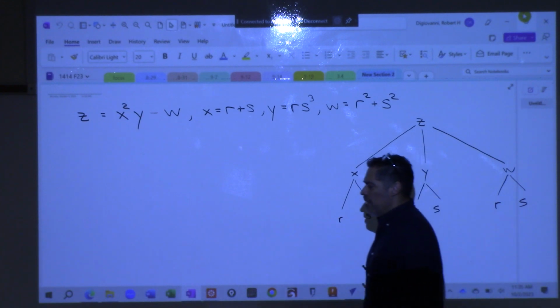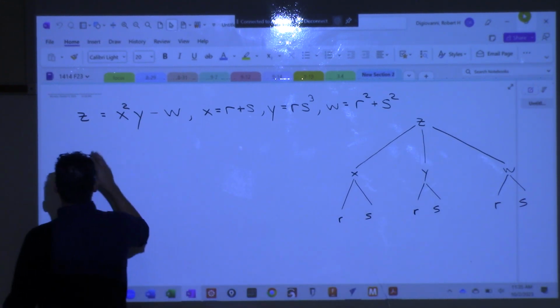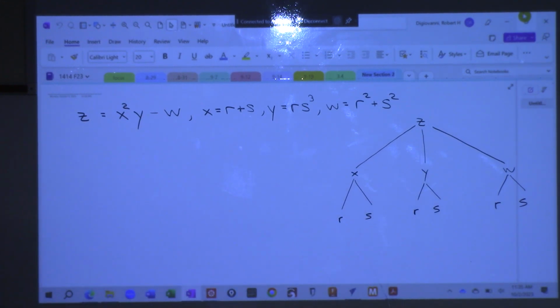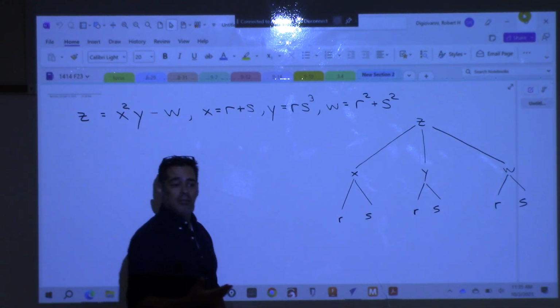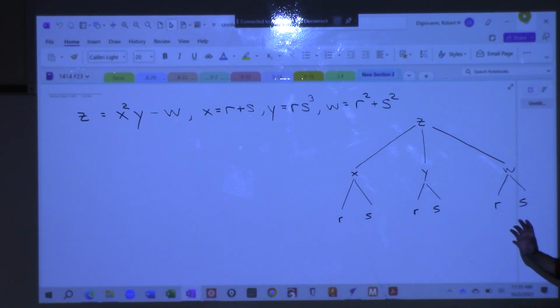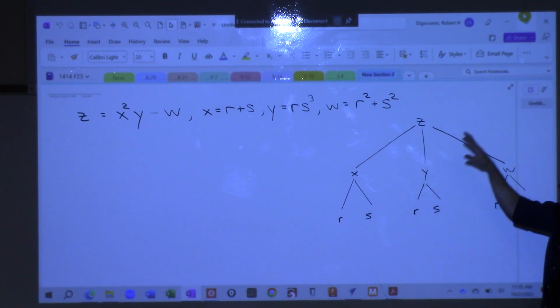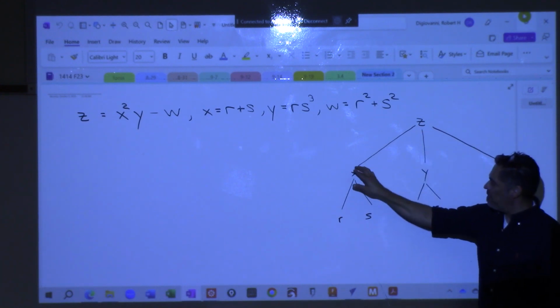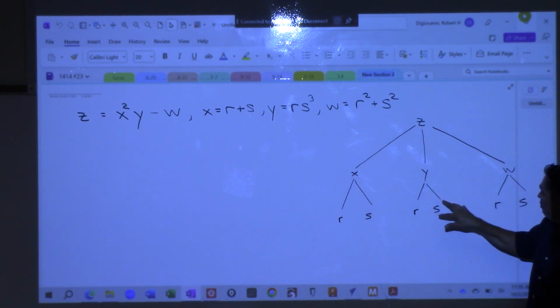How many derivatives of Z are possible here? What do you think? 3? 6? Well, I agree that there's 3 branches, and I agree that if you go down this branch, there's 2 branches there, and down this one, 2 branches there.